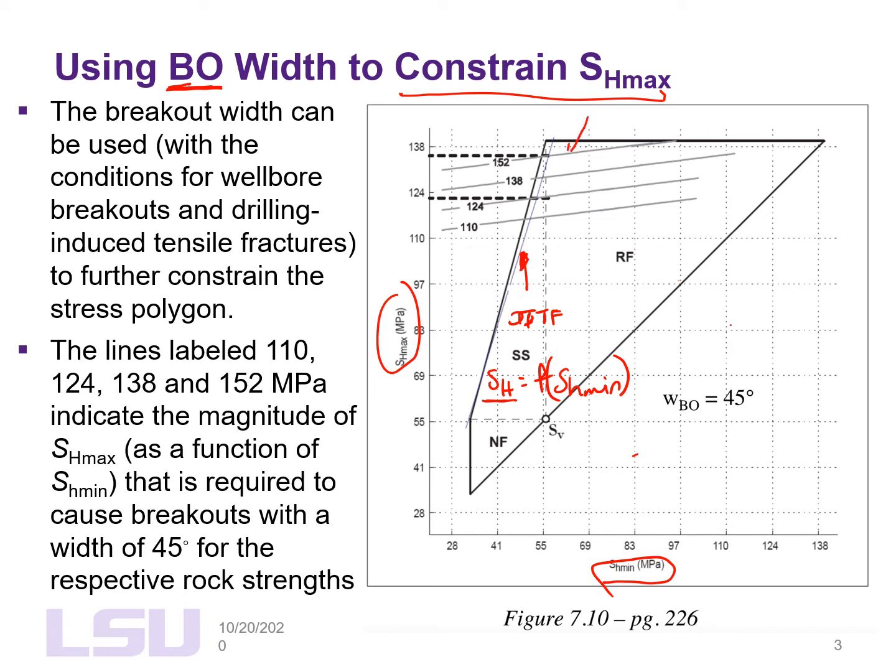Now, what are these lines? These are the equations for SHmax as a function of SHmean, and obviously width of the breakout.